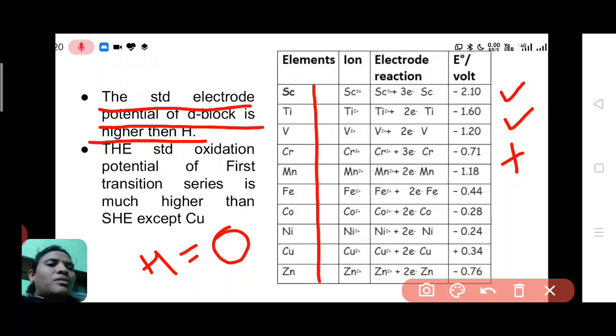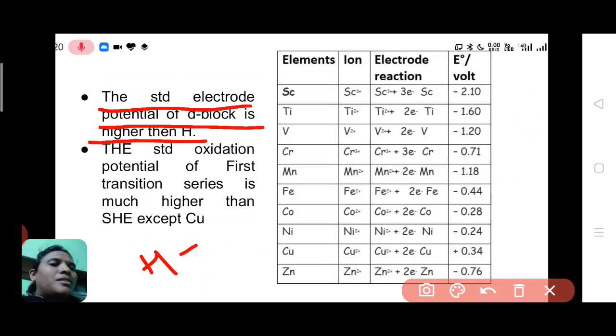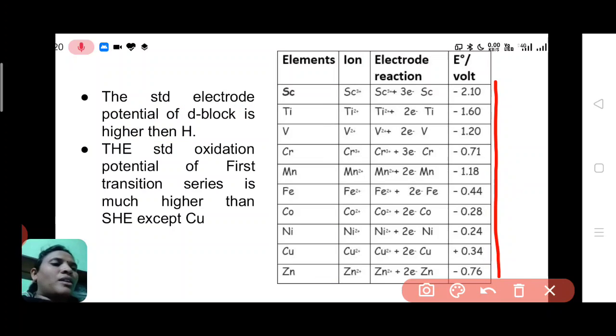Here, reduction potentials are shown, all these are reduction potentials, and we have stated this statement by considering oxidation potential. The peaks are showing reduction potential, but according to our syllabus we are studying oxidation potential.